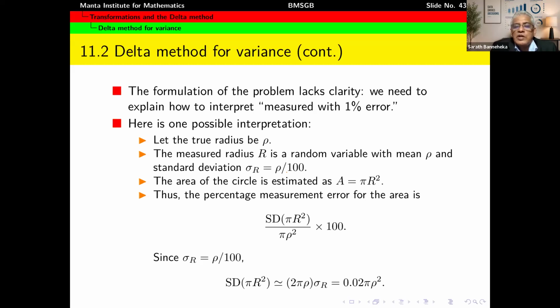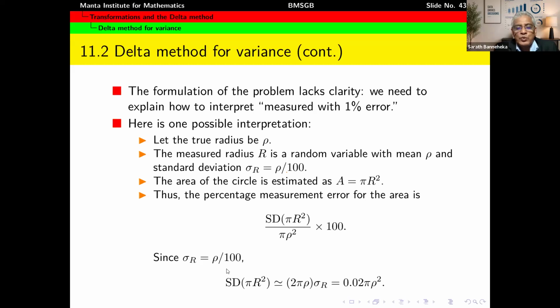So therefore, we will need the standard deviation of pi r square, which is a transformation of r. So if you know the standard deviation of r, we can apply the previous result to get the standard deviation of pi r square approximately, right?